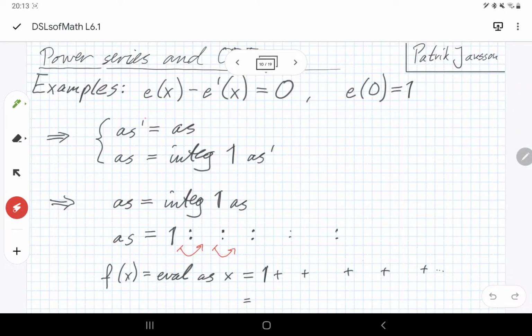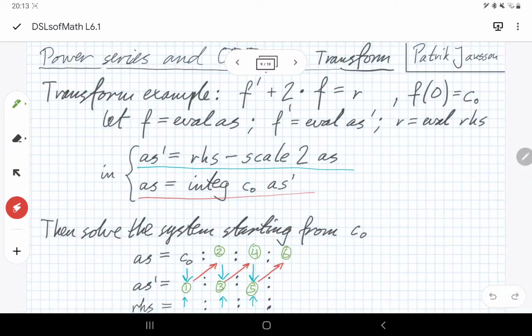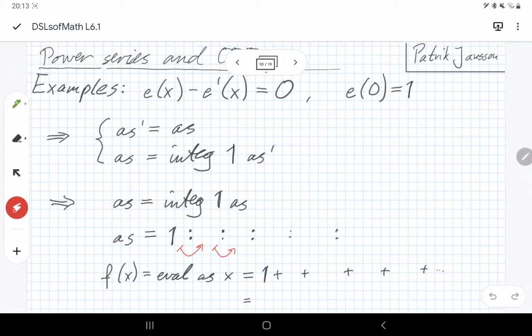In this case, the derivative is very easily related. If I just shift the terms here, I can see the derivative is actually equal to the function. And then I said the function itself is always the integral of its derivative. So that's the second equation, and that's always the same. The only thing which changes here is the 1. The 1 comes from our initial condition.